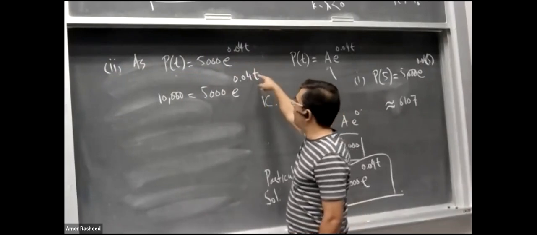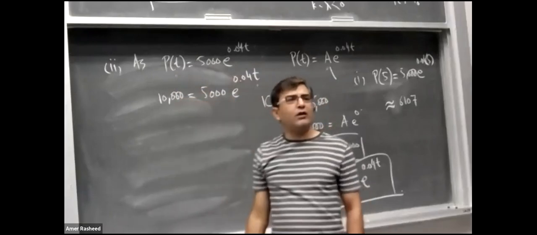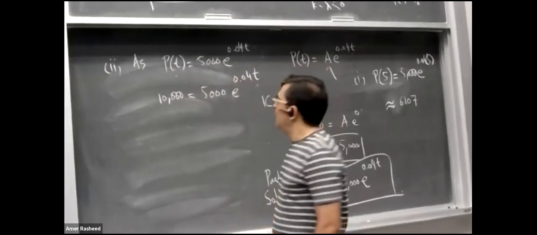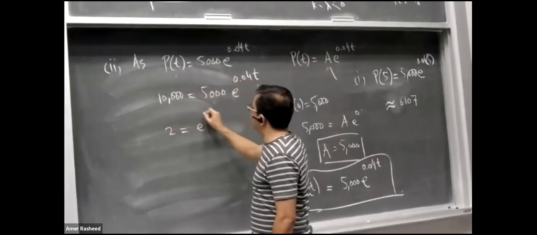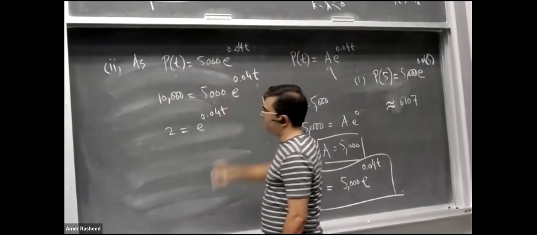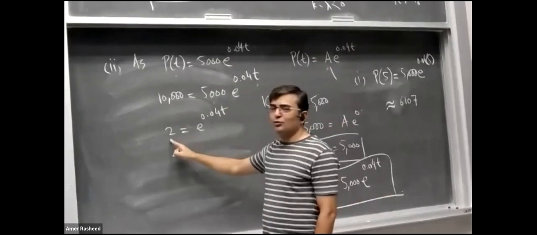Now from this equation, we have a single unknown. We can compute t. So dividing by 5,000 will give us 2 equal to e raised power 0.04 t. This will always be 2.